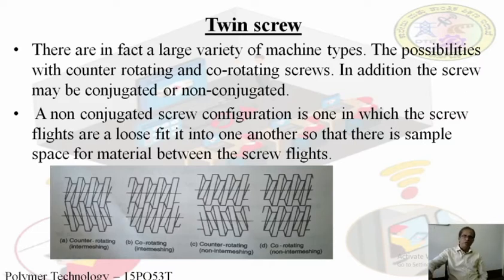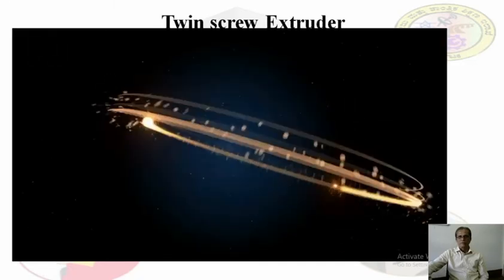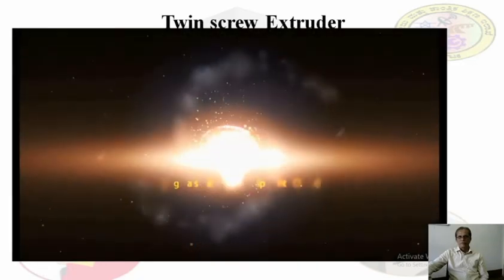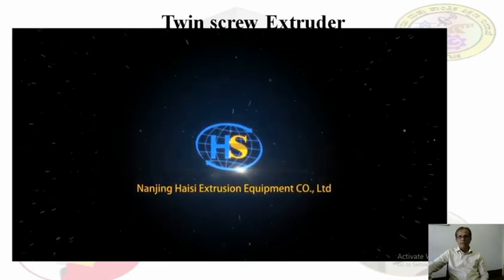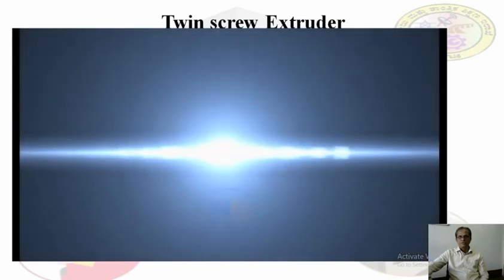A non-conjugated screw configuration is one in which the screw flights are a loose fit into one another, so that there is a small space for the material between the screw flights. Now let us watch a video of the twin screw extruder.